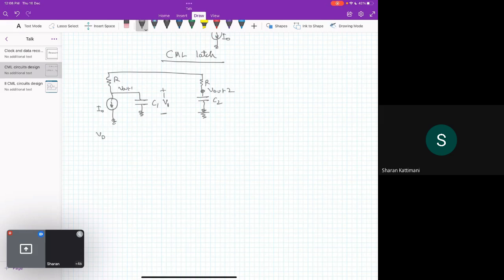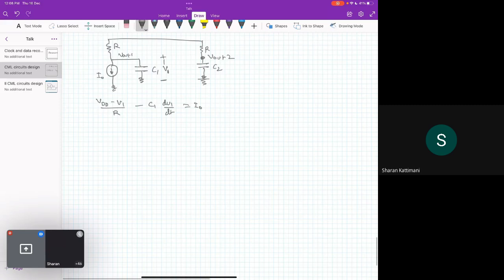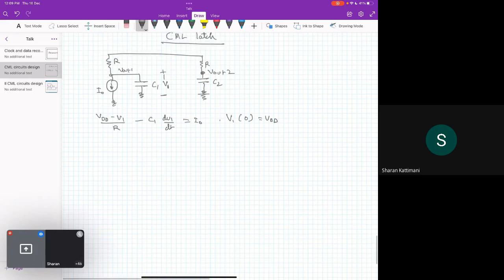Okay, so very quickly let me solve this. dt will be I0. Okay, and let's assume that V1(0) is initially VDD. Okay, so similarly, let's assume this is at the Vout1 node.